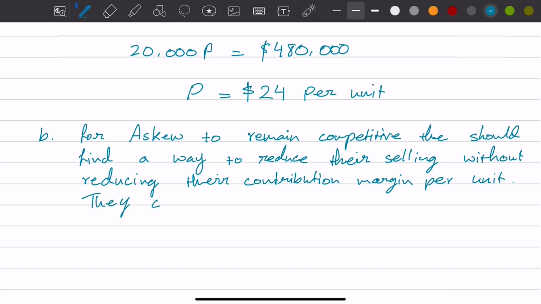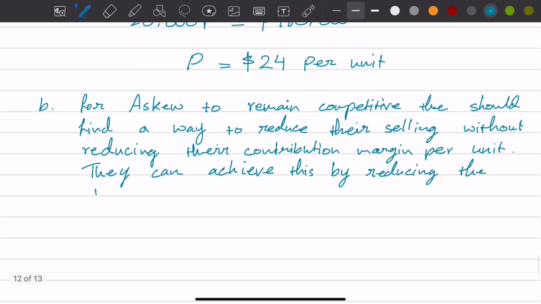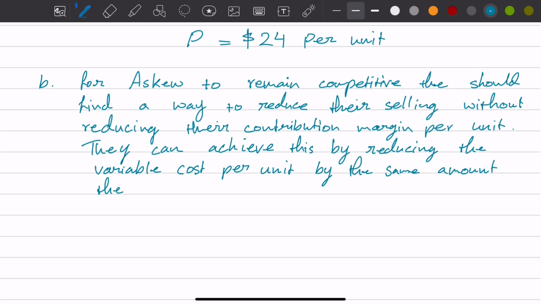They can achieve this by reducing the variable costs per unit by the same amount they reduce their selling price. Okay?